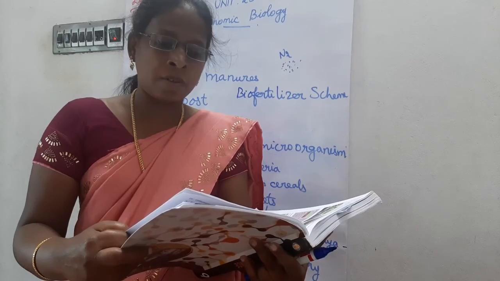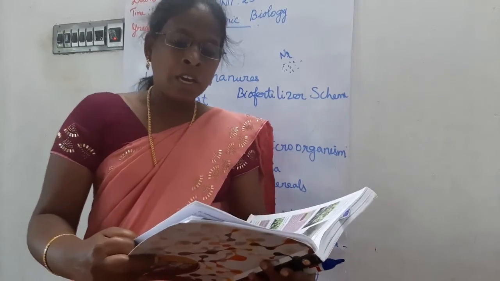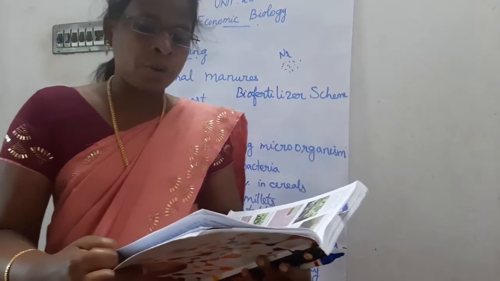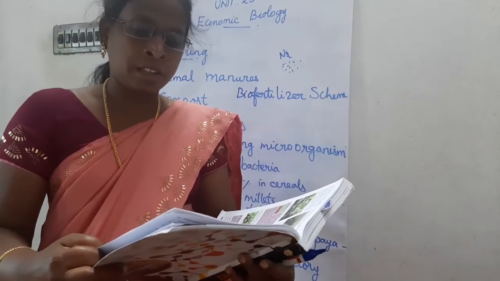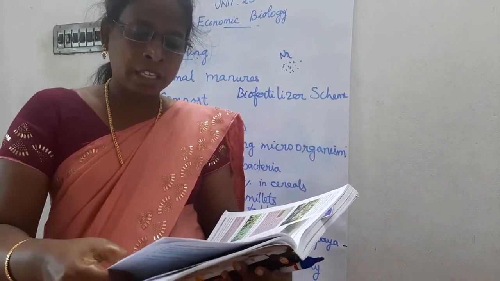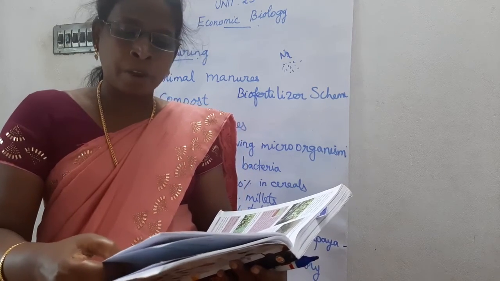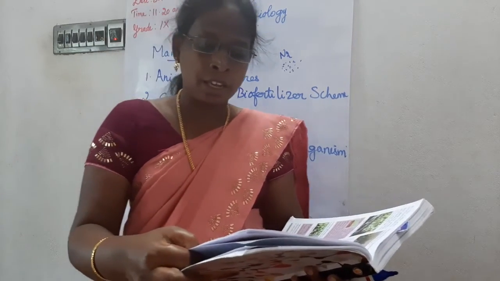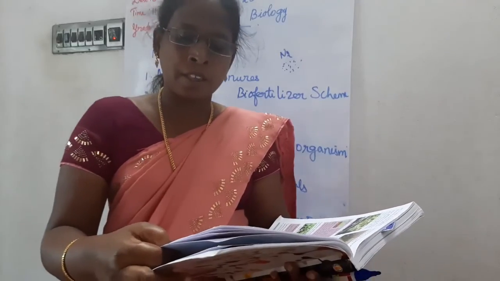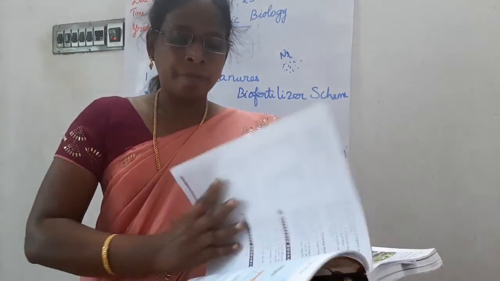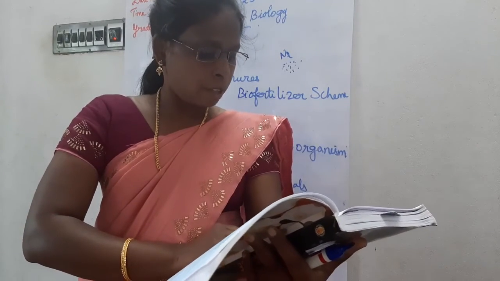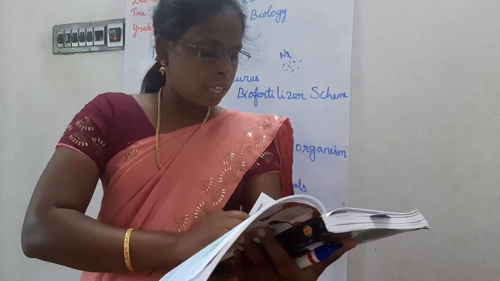It is a mixture of cattle dung, urine, litter materials and others. Next, sheep and goat manure contains higher nutrients than farmyard manure. It contains 3% nitrogen, 1% phosphorus pentoxide and 2% potassium oxide.